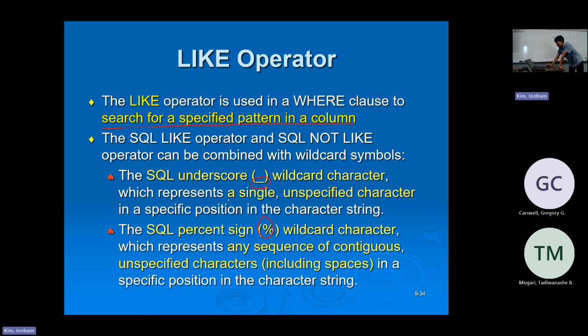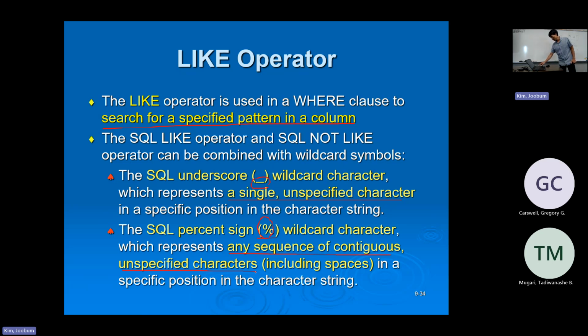Underscore means a single unspecified character in a specific position, just one character. But the percentage means any sequence of contiguous and unspecified characters, including space.